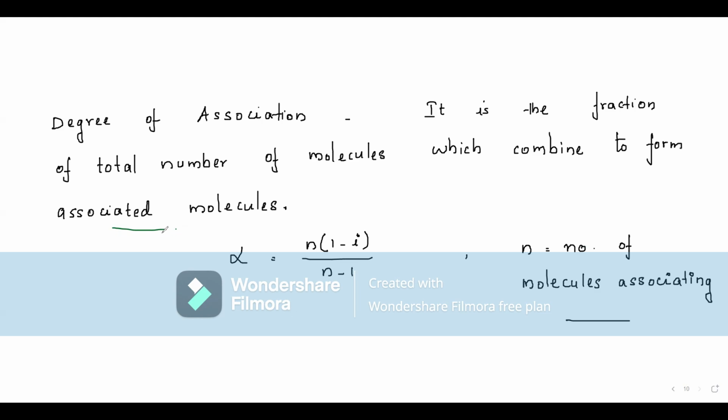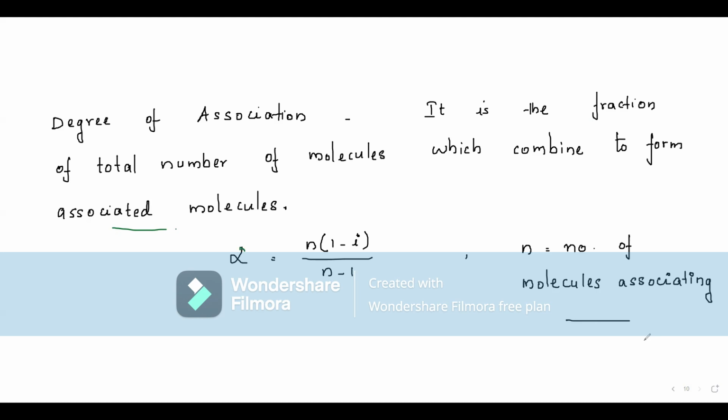So here, the formula to calculate alpha is equal to n into 1 minus I by n minus 1.